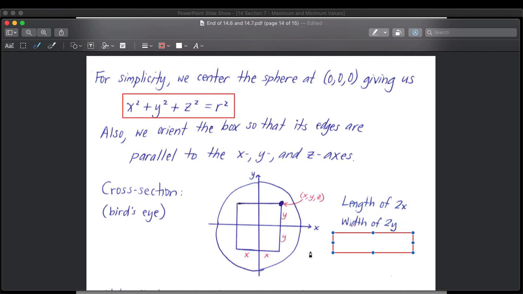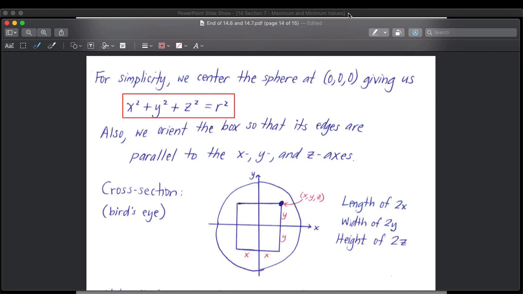The width of the box is 2y, and I guess those are interchangeable. It doesn't really matter what's length or width. But definitely the height of the box will be 2z, and that's coming up at us. We can't really see it here. And each one of these, the 2x, 2y, and 2z, are all found the same way.